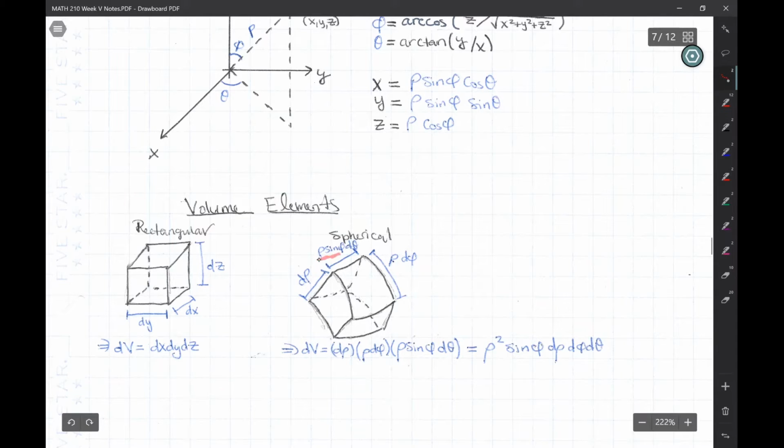So that's where that rho sine phi is coming from. It's basically telling us that the distances as we move along a latitude should be shorter the closer we move towards the North Pole.